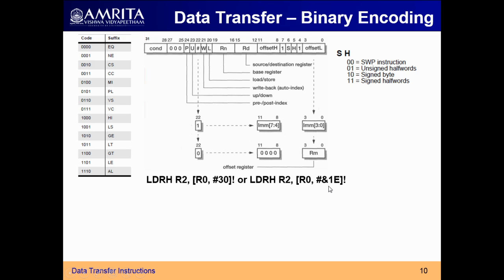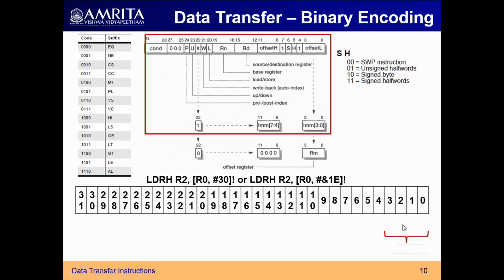So we will see the binary encoding for this. In this case you are using this section, because you are using an 8-bit immediate offset, and the main part as this. Here bits 0 to 3 are used for representing offset L, that means the LSB 4 bits of the immediate value. So what is my immediate value? 1e.